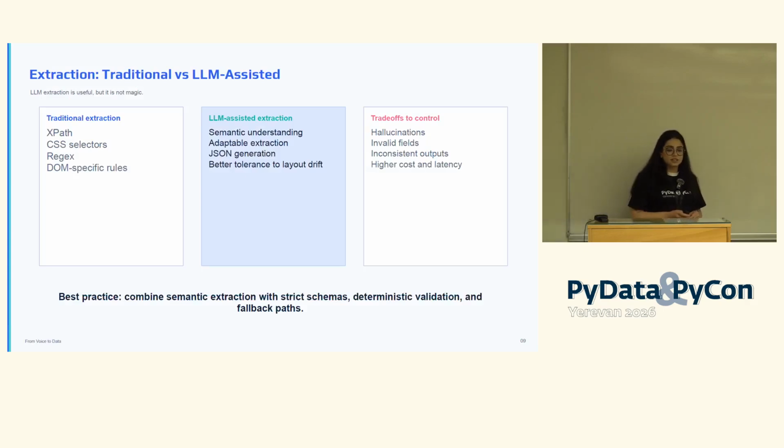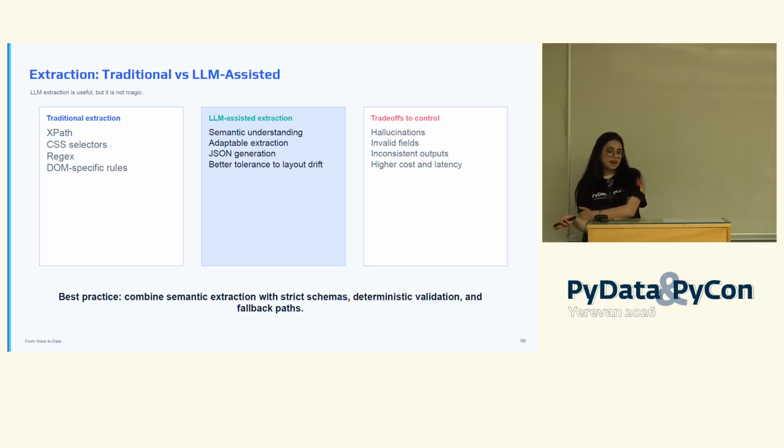The traditional extraction of data from websites was like CSS selectors, HTML scraping, as I have mentioned, and other types like DOM-specific rules. But when the data gets very inconsistent, the DOM rules might even harm a data extraction pipeline.